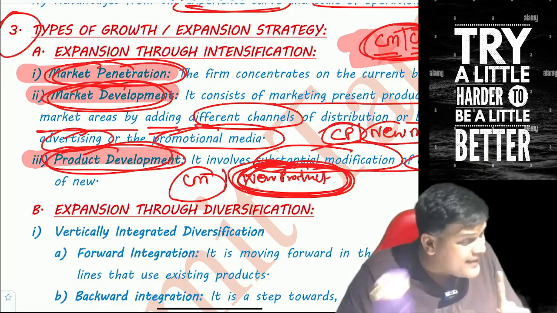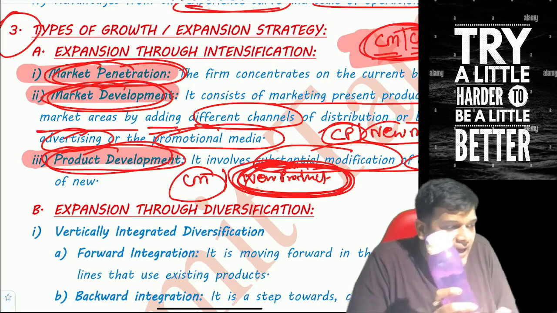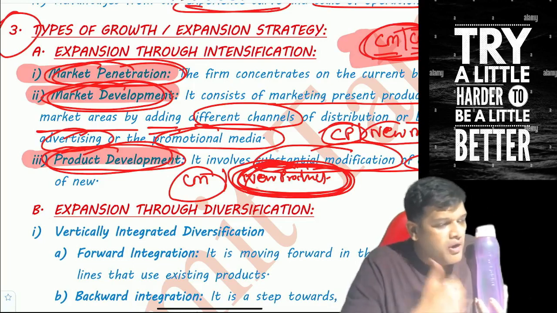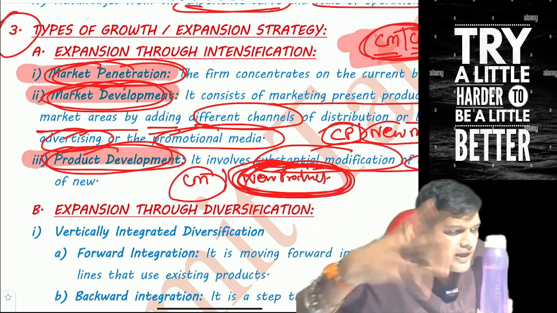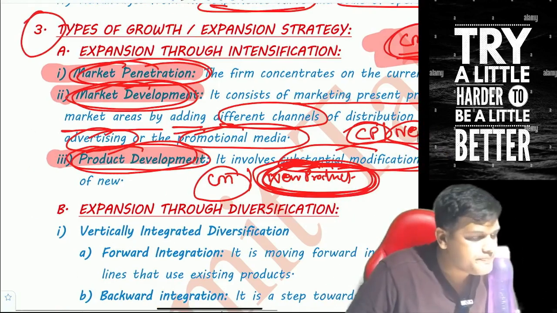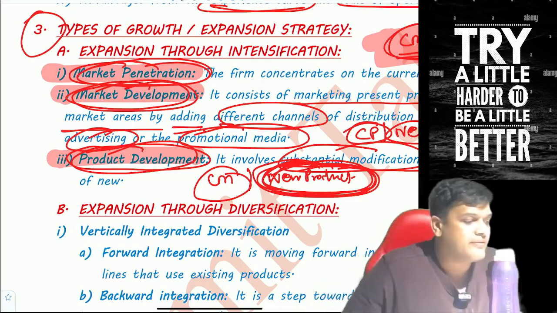I have not changed any product. I am saying again, I have not brought a new product. This bottle is the same, but I am now promoting it as something women or old people can drink to make bones strong. This is market development. This is not market penetration.